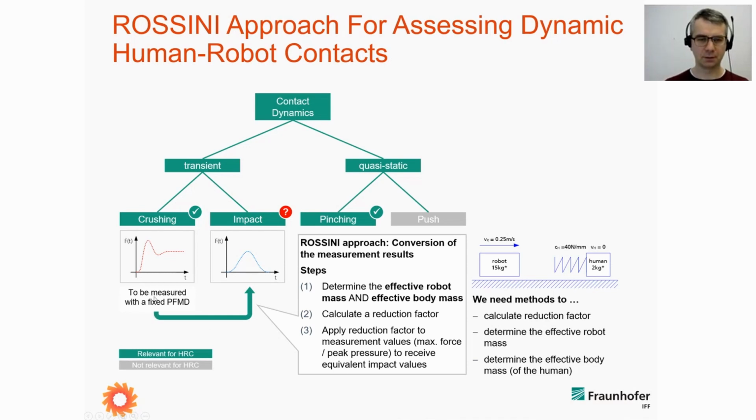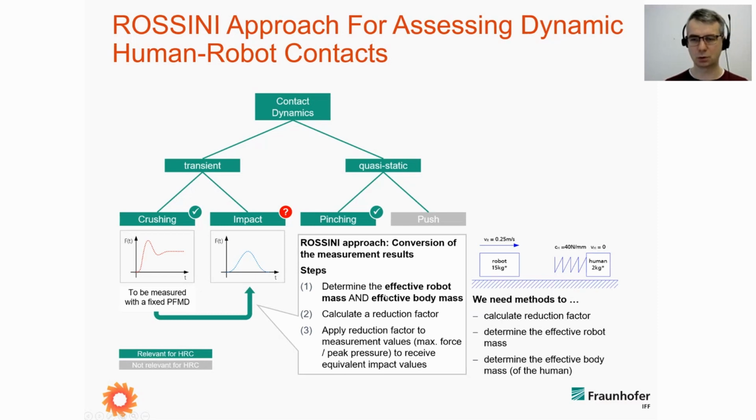This is exactly what we did in Rossini. We developed a conversion technique which allows us to transform the results received from crushing into the forces which will reflect the impact case. This works based on 3 steps.